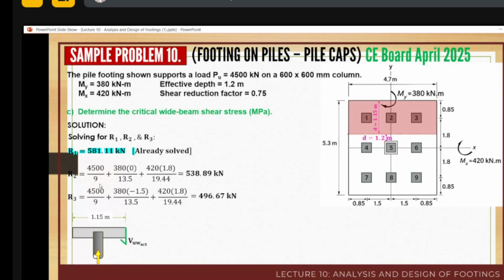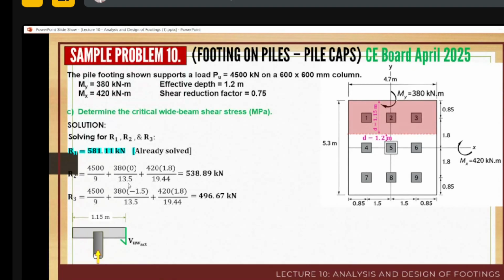For R2, pile number 2, so 4,500 over 9. It is the same formula. There is no moment arm for My since it is at the centroid.